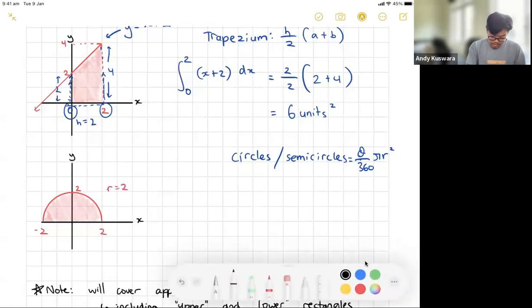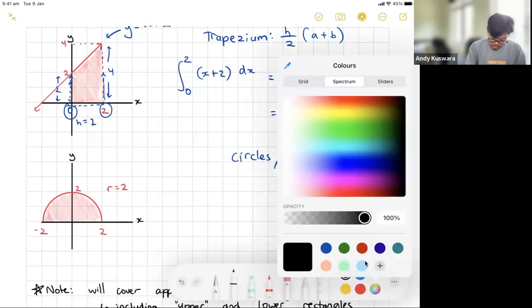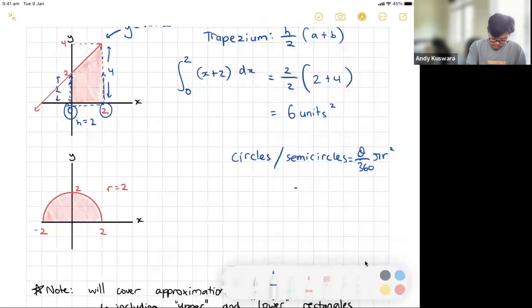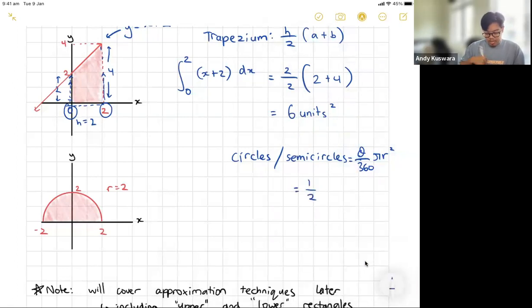Theta is, I guess, 180, or in other words, we have half a circle, so I'm going to put half out the front, pi times radius squared, which is 2 squared in our case. And this is going to give me 2 pi.